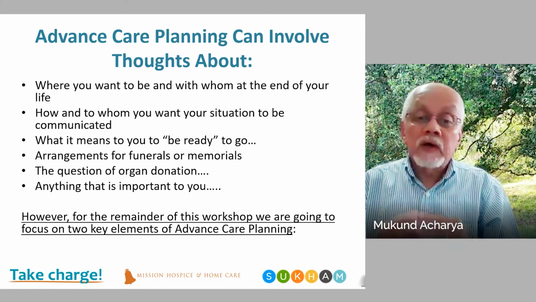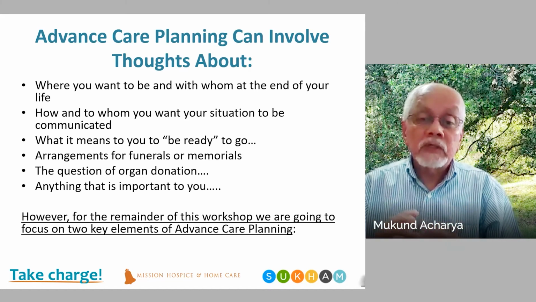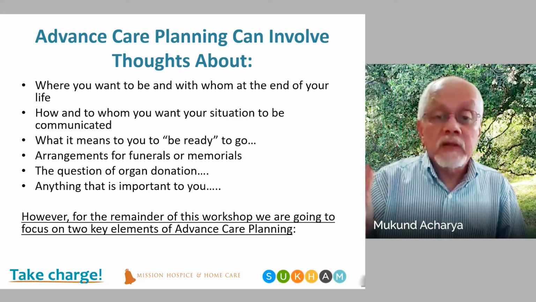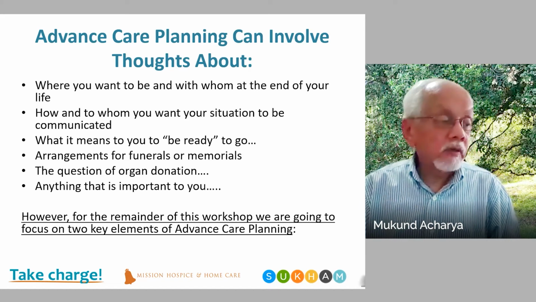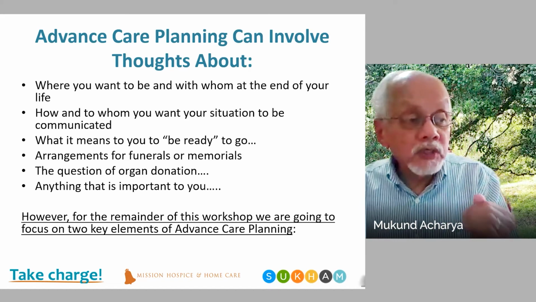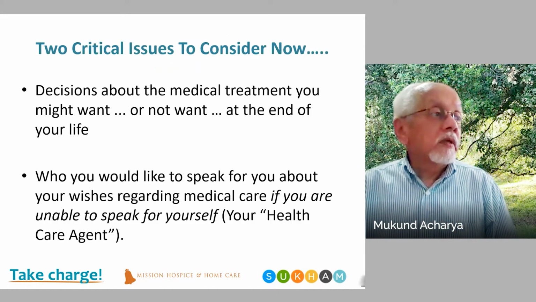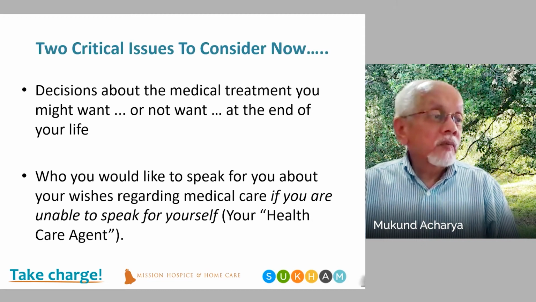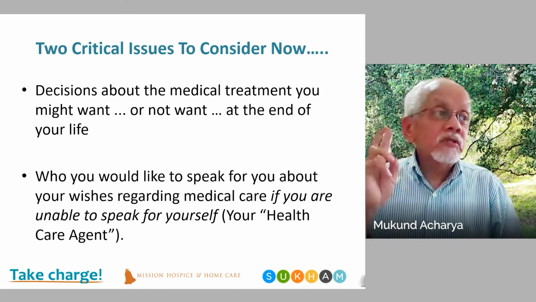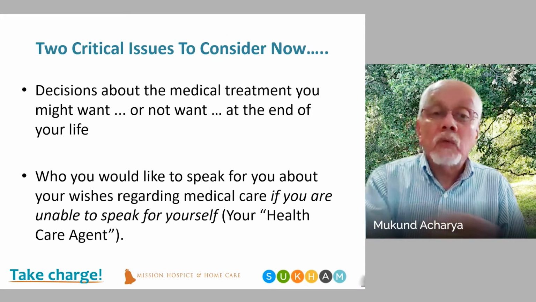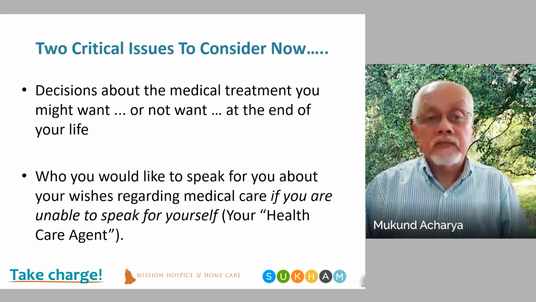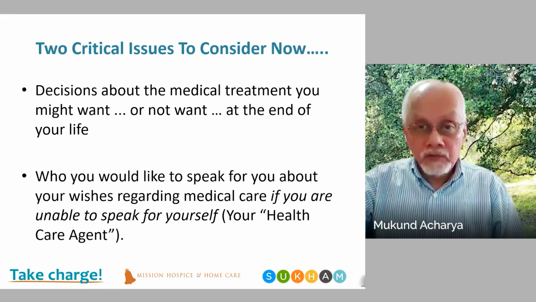But as far as advance directive is concerned, there are 2 main things, and that's what we're going to focus on for the rest of this lecture, that goes into your advance care plan. And those 2 questions are, what decisions do you want about the medical treatment you either want or don't want at the end of life? First thing.